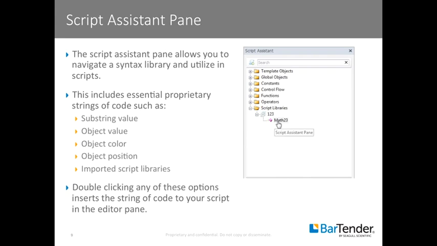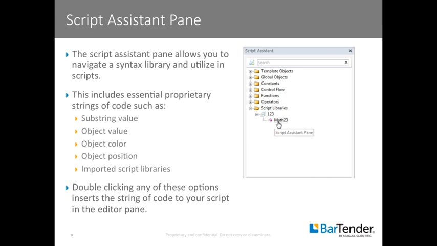And then we have the script assistant pane, which is on the right hand side by default. This is a very powerful tool that I often utilize when I'm designing label formats. It allows you to search our built-in list of functions, operators, and control flow syntax. Once you find what you need, you simply double click on it and the correct syntax will be inserted in the editor pane.